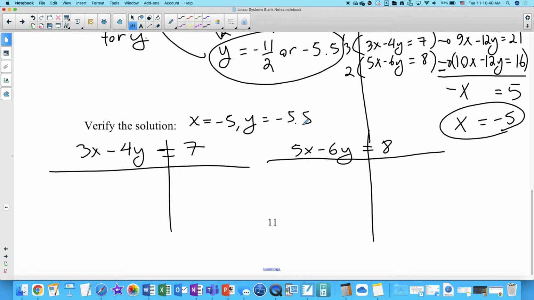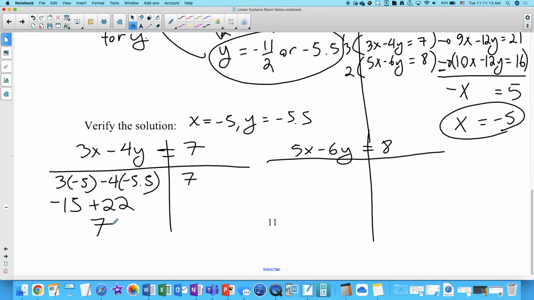Okay, so the left side of this first one will be 3 times negative 5 minus 4 times negative 5.5. And the right side is 7. Okay, and then 3 times negative 5 is negative 15. Negative 4 times negative 5.5 is, right, 22. Okay, and that is 7 as well, so that's good.